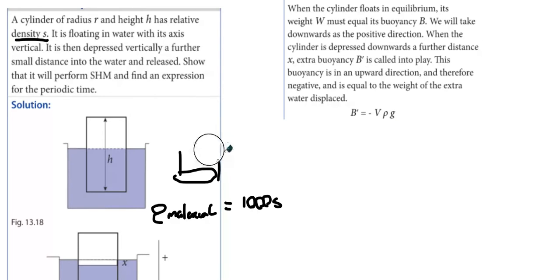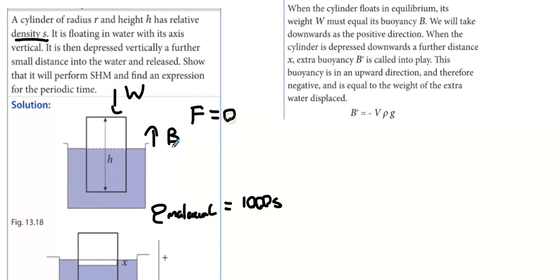It's floating in water, where it acts as vertical. It's then depressed vertically, so you get pushed down so that more of the cylinder is underwater, as we can see in the second diagram. At the very beginning, your weight acting downwards versus your buoyancy force acting upwards is balanced, so your net force is 0 because it's not in motion.